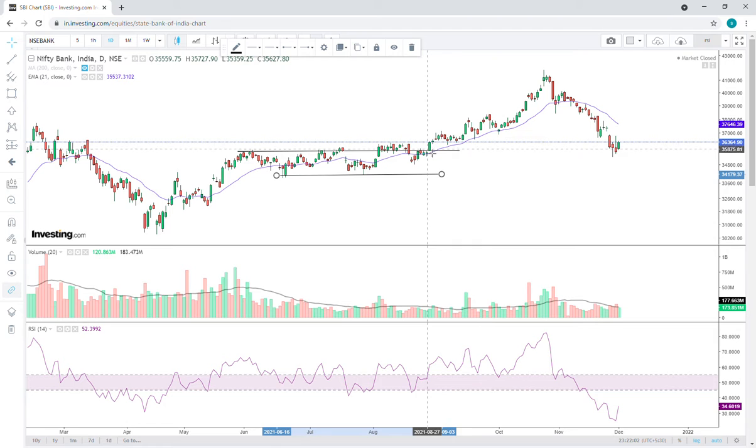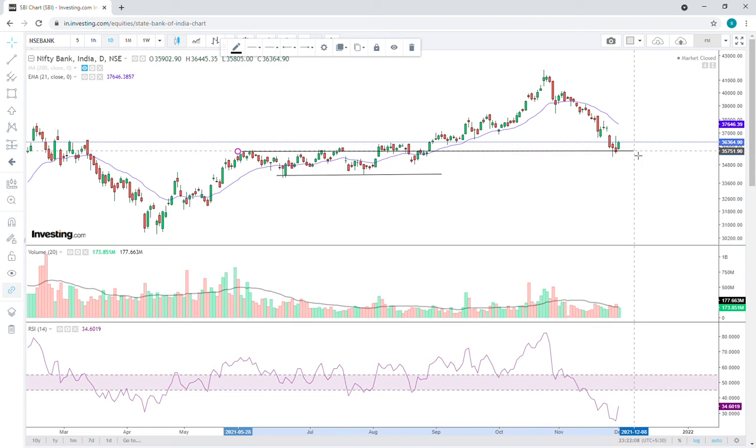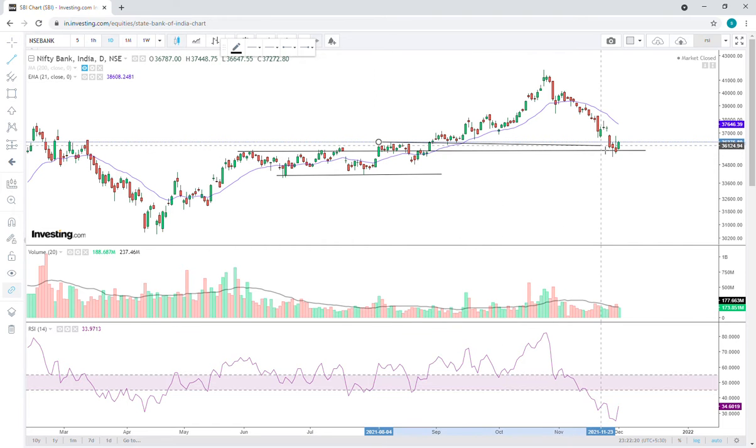From here we have a breakout. This candle has given us the breakout, and from exactly this breakout level we got the support. We will come to that point also, but as of now we are going to leave it. So this one was the breakout.